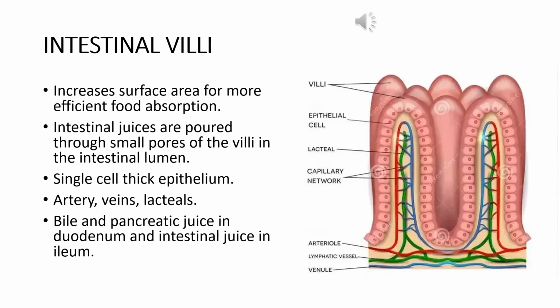The bile and the pancreatic juice in the duodenum and intestinal juice in the ileum, these are the digesting juices. And after the digestion process is completed, the villi is going to absorb those simple food particles into the blood and the lymph.